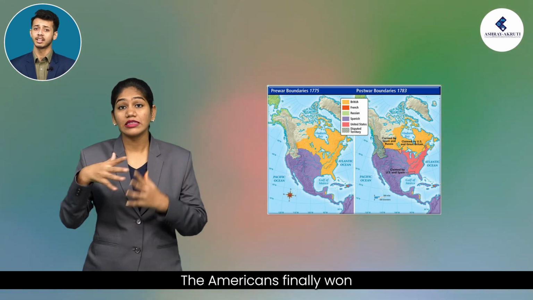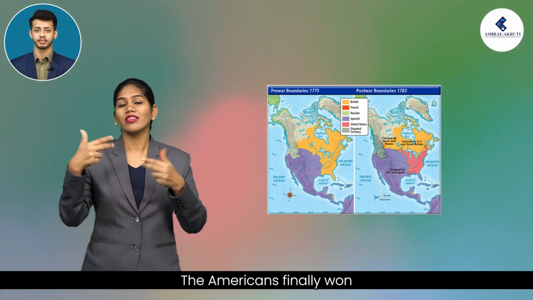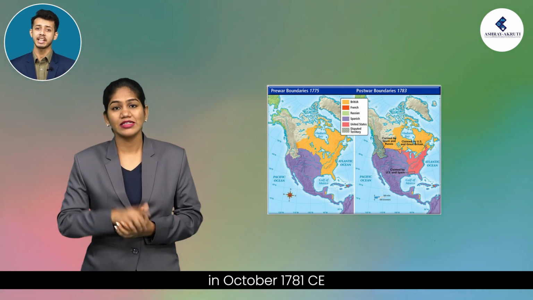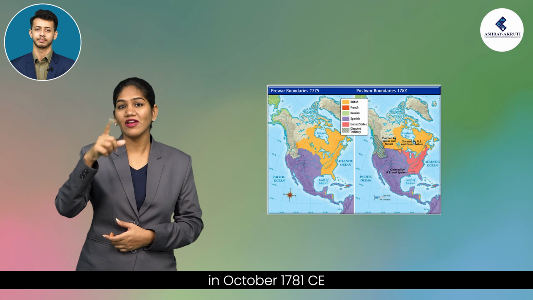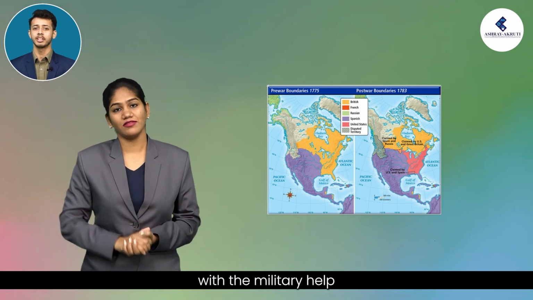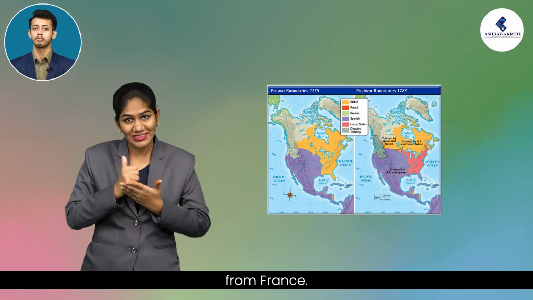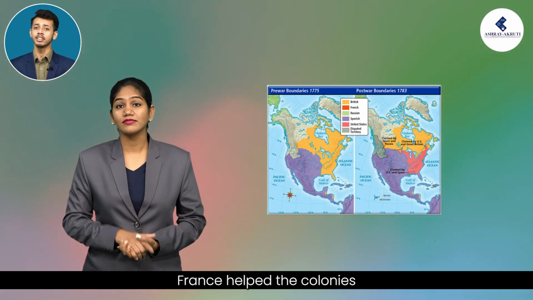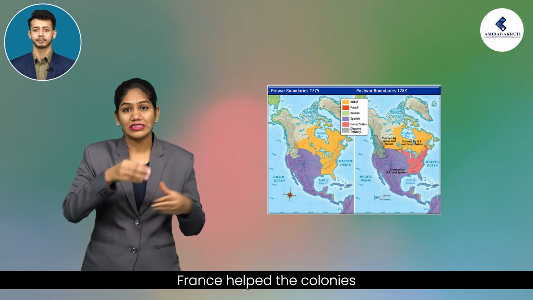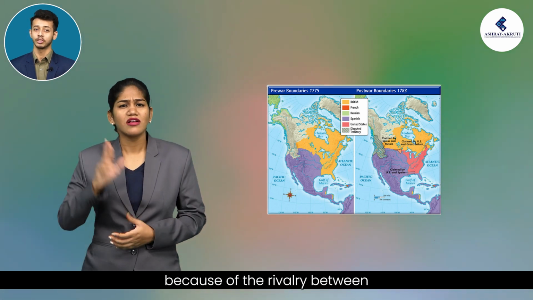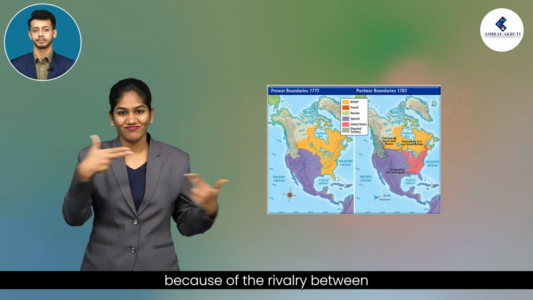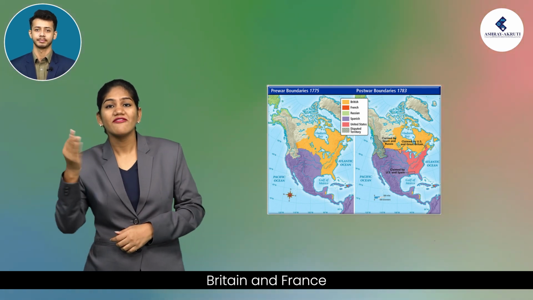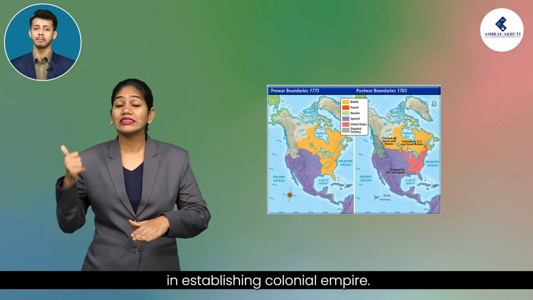The Americans finally won the war in October 1781 CE with the military help from France. France helped the colonies because of the rivalry between Britain and France in establishing colonial empire.